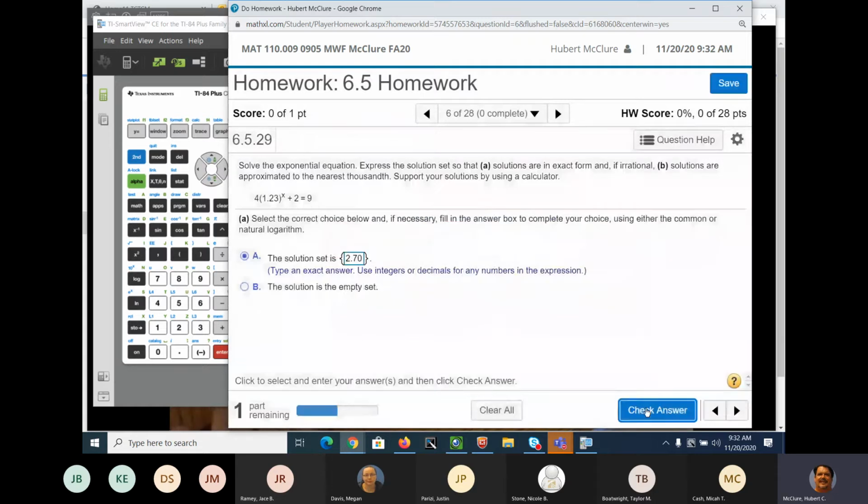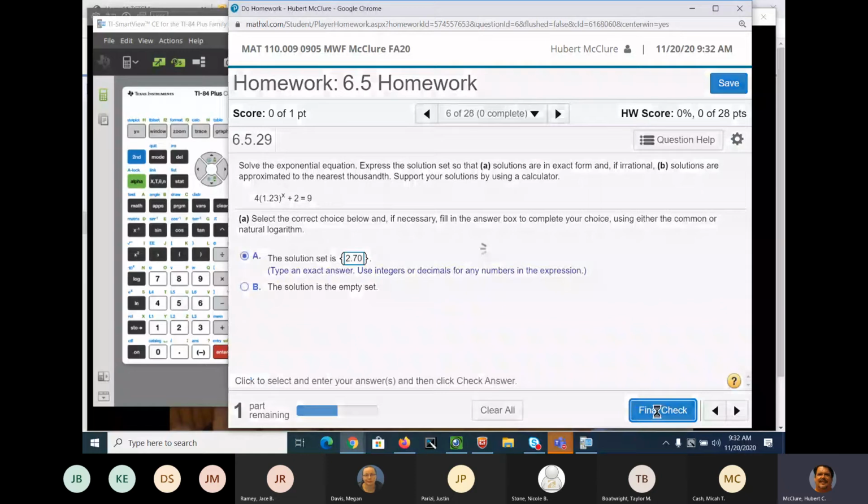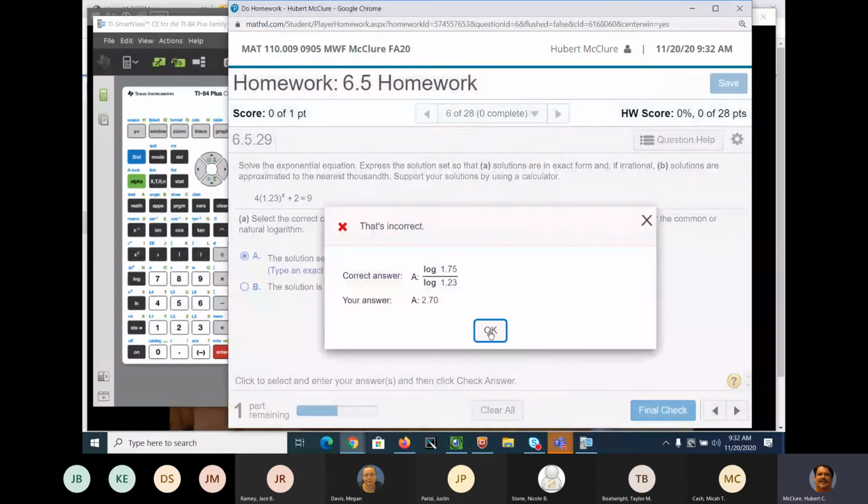Let's see what they got. Okay, whatever. Somebody take log of 1.75 over the log of 1.23 and see if you don't get 2.7. Somebody check that right quick for me. Yeah, I got 2.7. Okay.